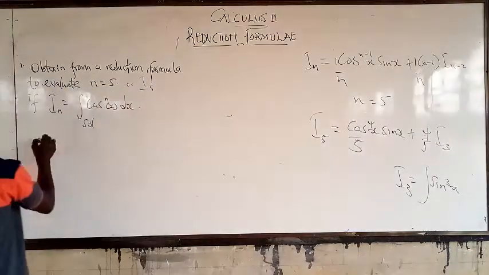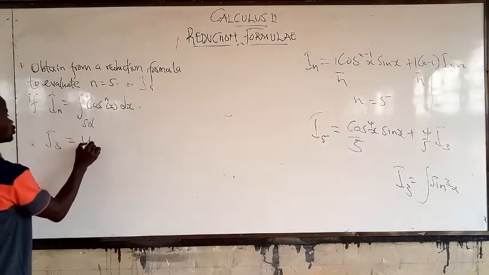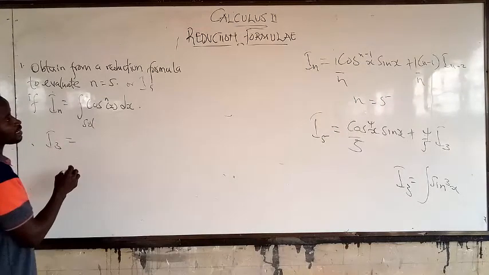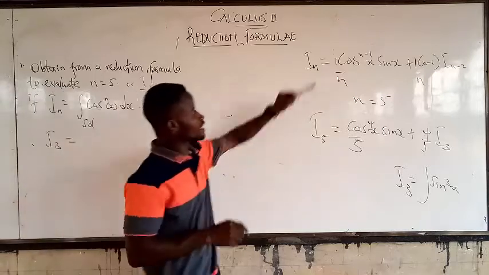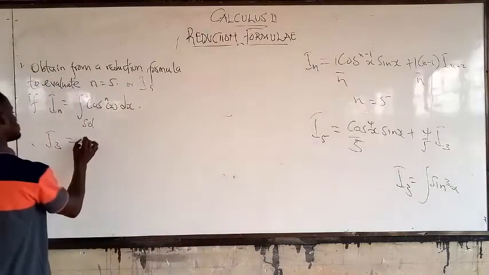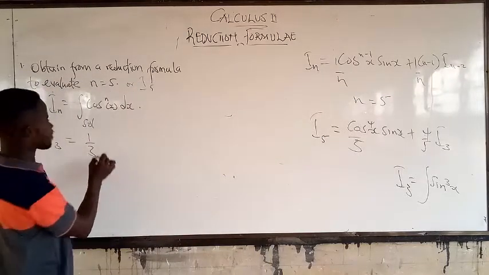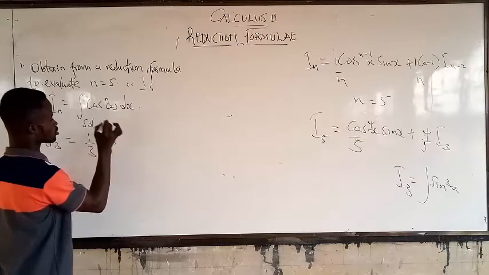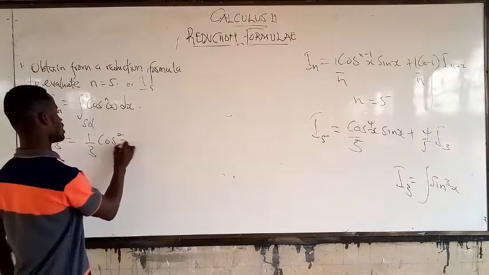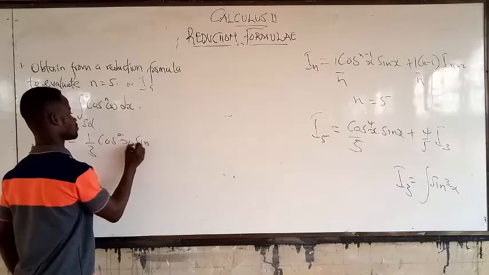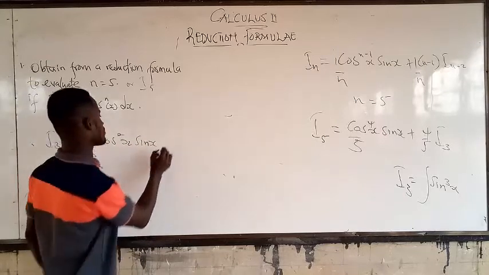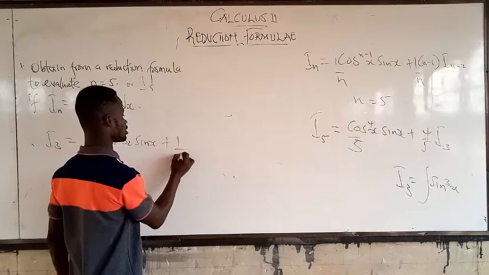So now we know that I3 is equal to u. The I3 is going to be using the same formula. We are going to get 1 over 3 cos squared x sin x plus 1 over 3, so the power reduced to 2.